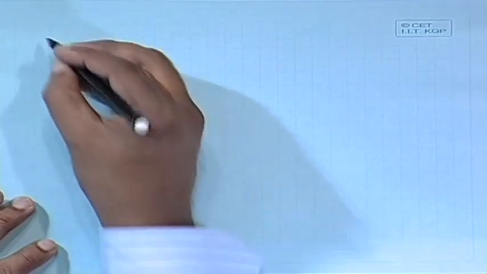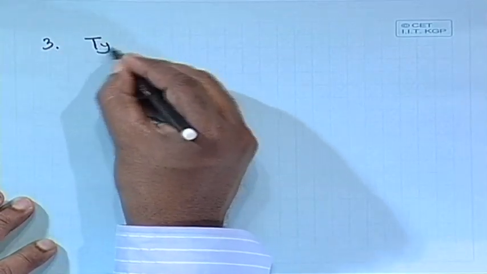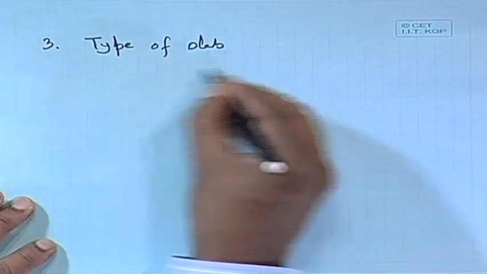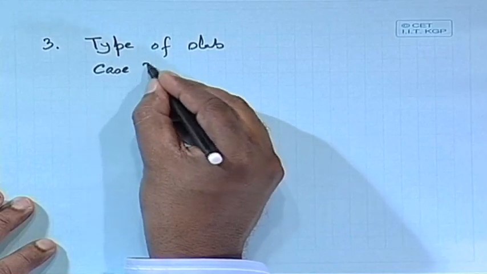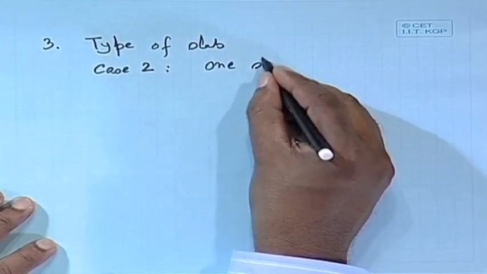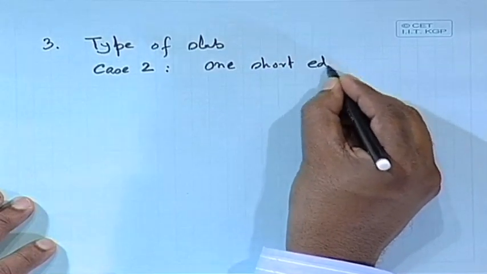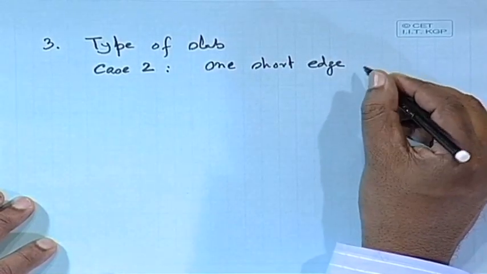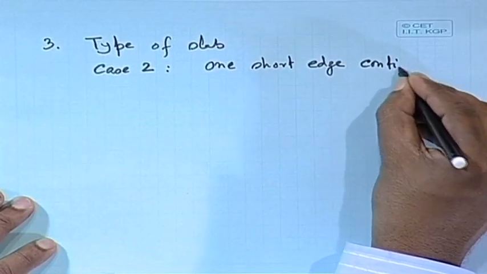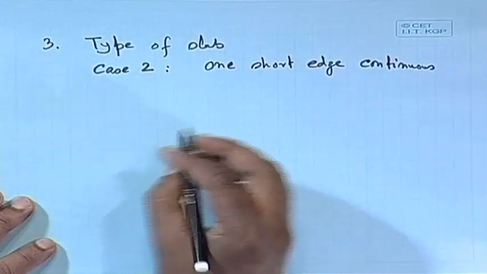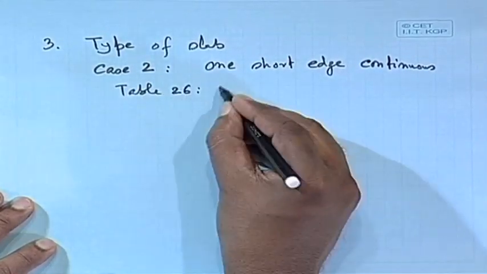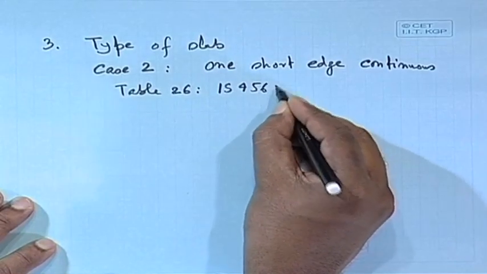So, we can write down type of slab: case 2, one short edge discontinuous, the other way also you can write continuous, and you will get it in table 26 of IS 456 2000.